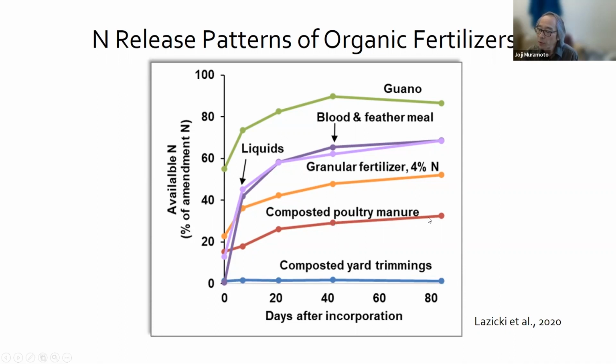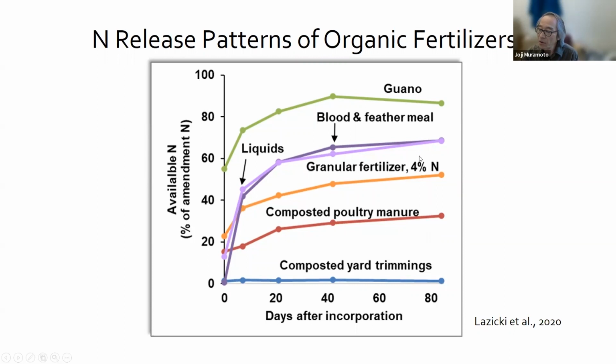Whereas composted poultry manure contains almost 15% inorganic, plant-available nitrogen to begin with, and releases a little bit more. At the end, like 30% of total nitrogen becomes plant available.